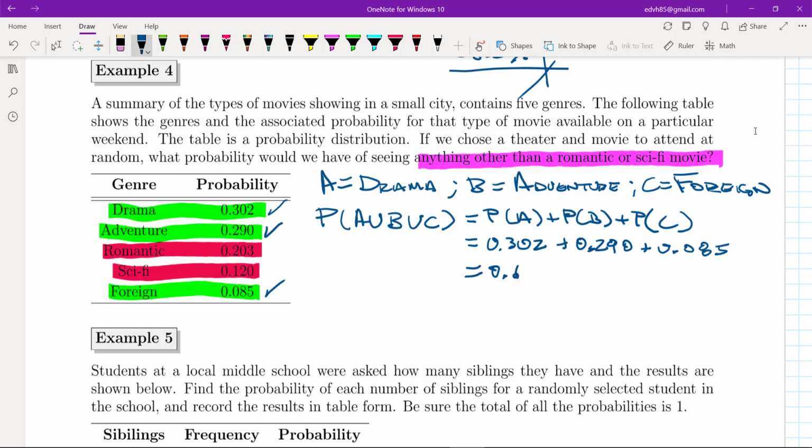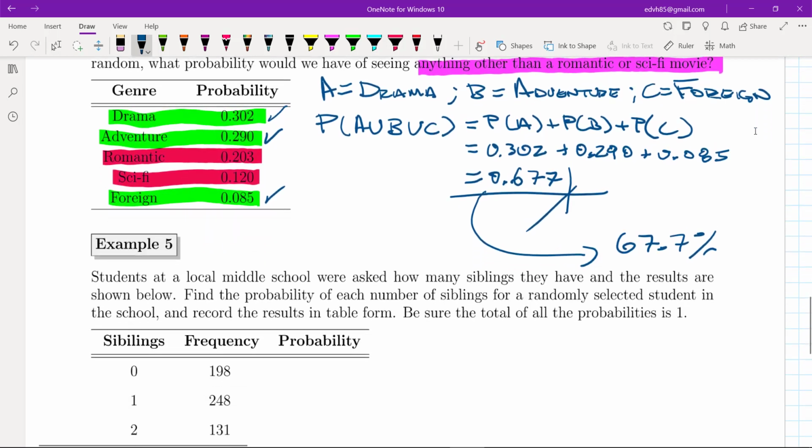Well, in this case, they're not asking for the probability as a percent, but if they did, make sure to do 67.7, right? Either way, depending on the choices or depending on instructions.